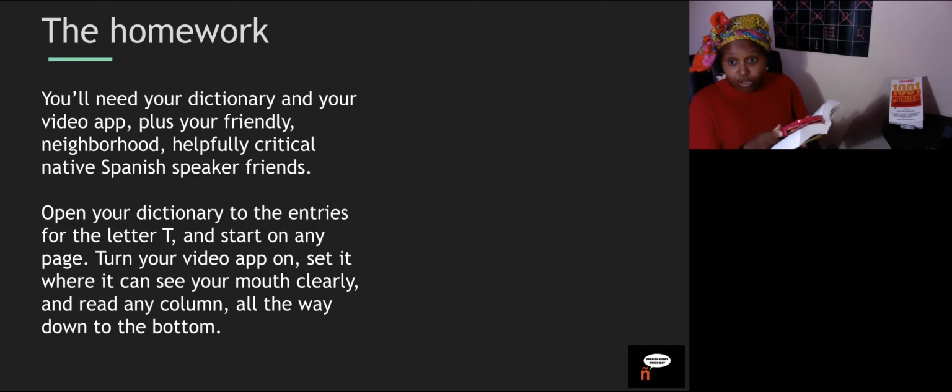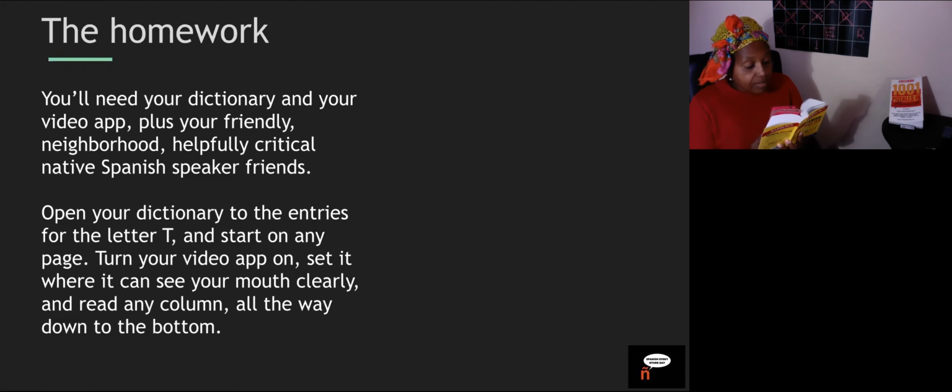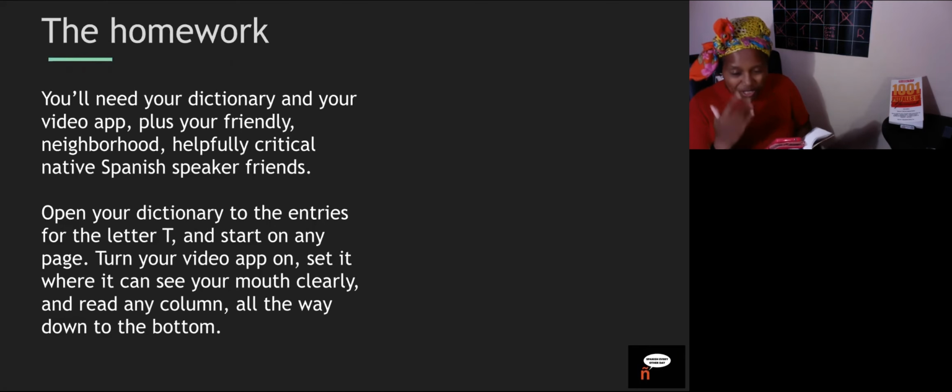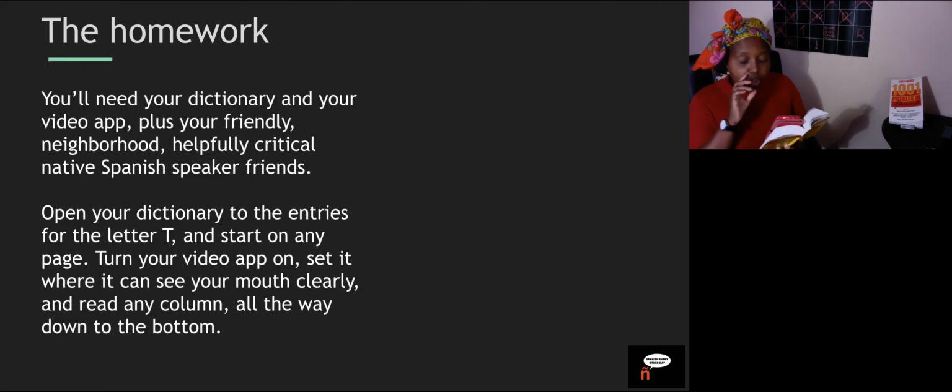You can hold it inside your dictionary so that as you're reading, your video app will record what you're doing, so that you can see the way your mouth is moving.